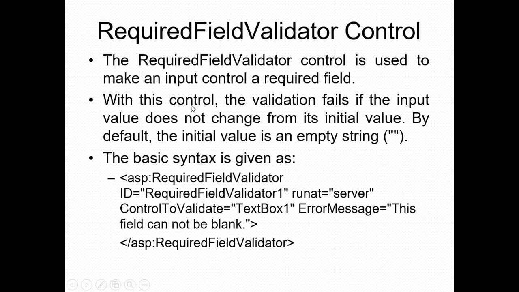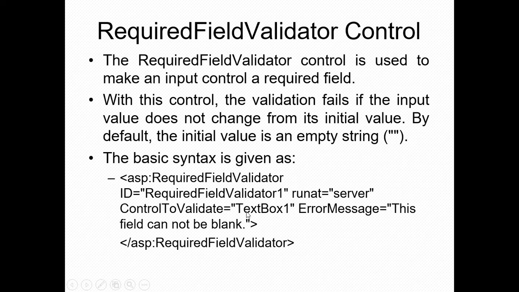So we can say that when you apply the required field validator, you have to write data in the control. This is the syntax of the required field validator control, and you have to set two properties for it. One compulsory property is ControlToValidate, which means the control to which you want to apply the required field validator.